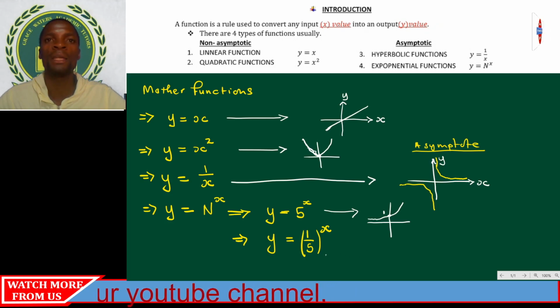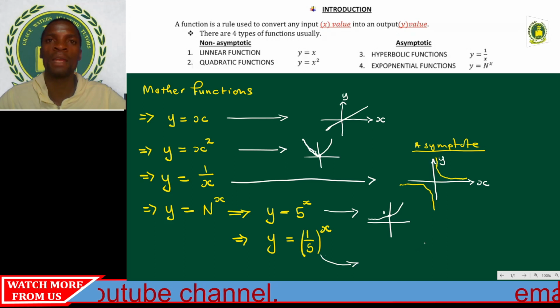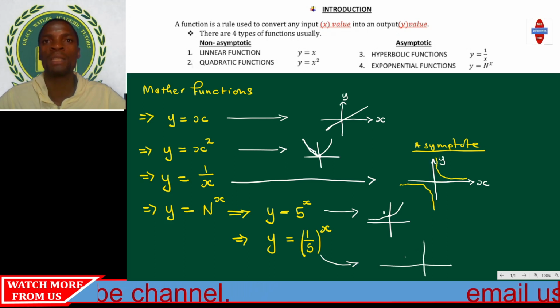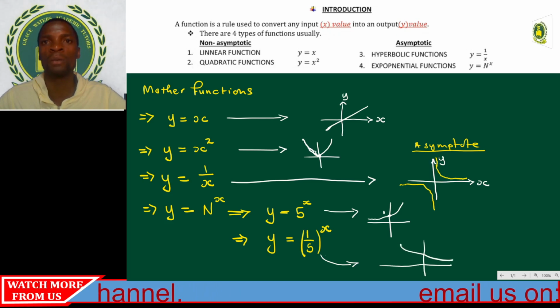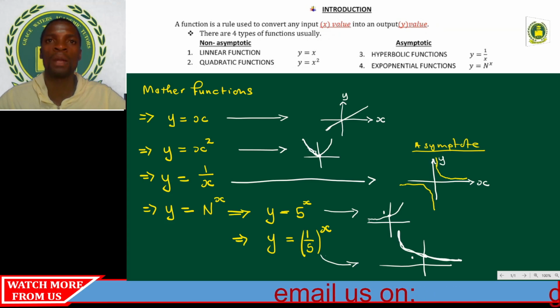But if this number is a fraction, we have a falling graph which crosses the y-axis at the point where y is 1. So that's the difference. If it is a fraction, then it must be falling, and if it is a whole number, then it must be rising.